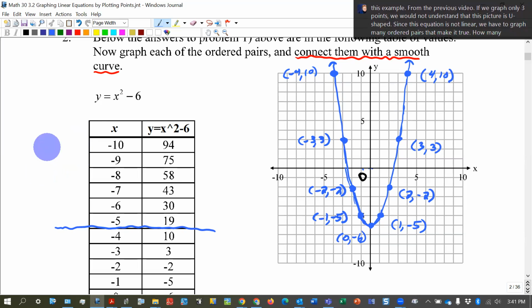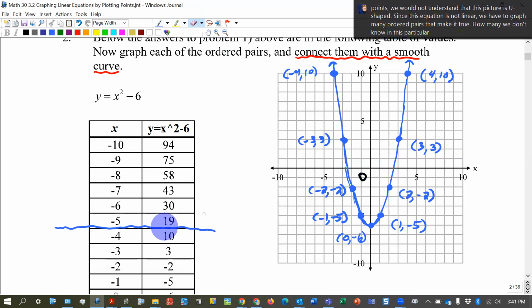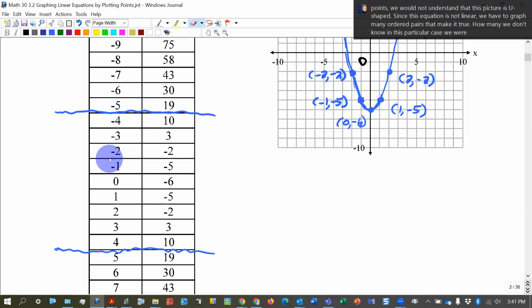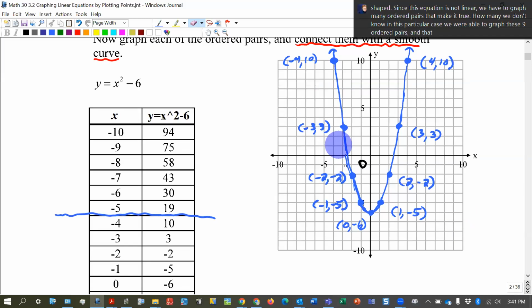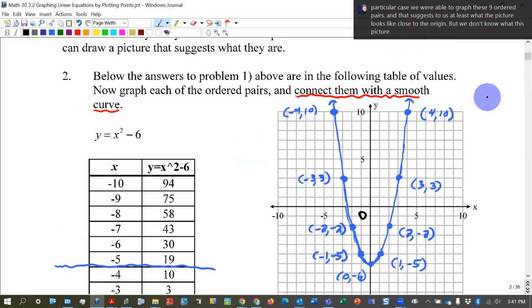How many? We don't know. In this particular case, we were able to graph these 9 ordered pairs. And that suggests to us at least what the picture looks like close to the origin. But we don't know what this picture looks like when, say, X is 100 or when X is negative 250.